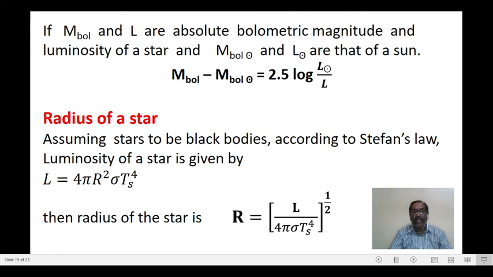Next, radius of a star. Assuming stars to be black bodies, according to Stefan's law, luminosity of a star is given by L equals 4 pi R square sigma Ts to the power of 4. Then the radius of the star is R equals (L by 4 pi sigma Ts to the power of 4) whole to the power of half.